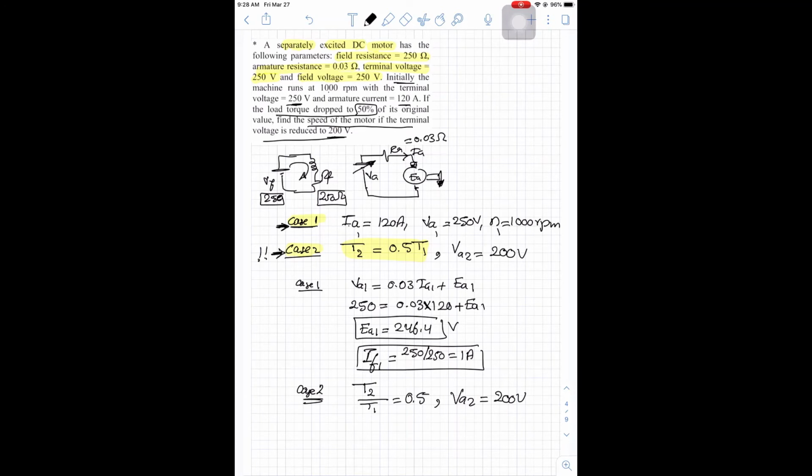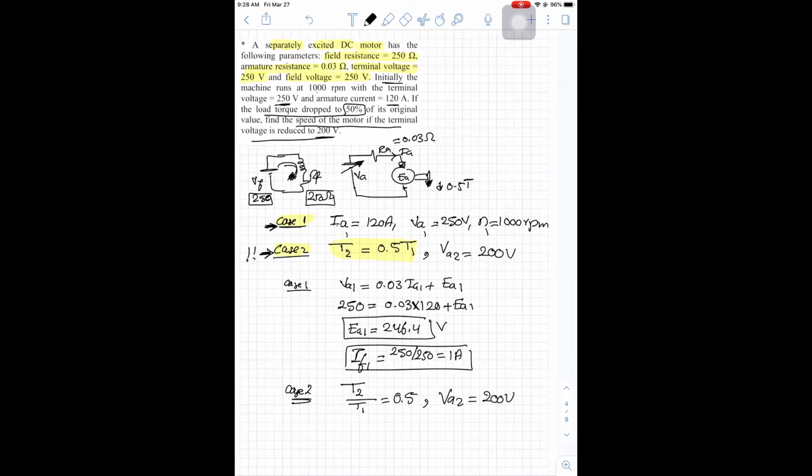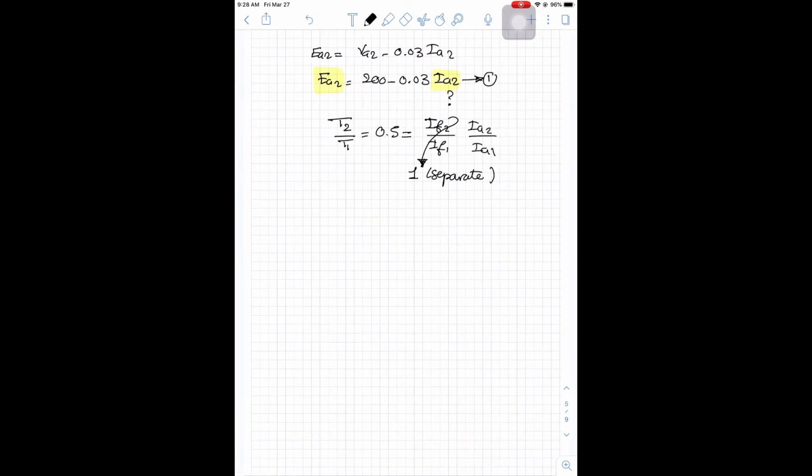The field circuit is separate from the armature circuit. So when the load torque dropped to 0.5 of its value and the voltage dropped to 200 volt, this will not affect the field circuit. So IF2 over IF1 equal 1. So we can calculate IA2 as 0.5 IA1, which equals 60 amps.